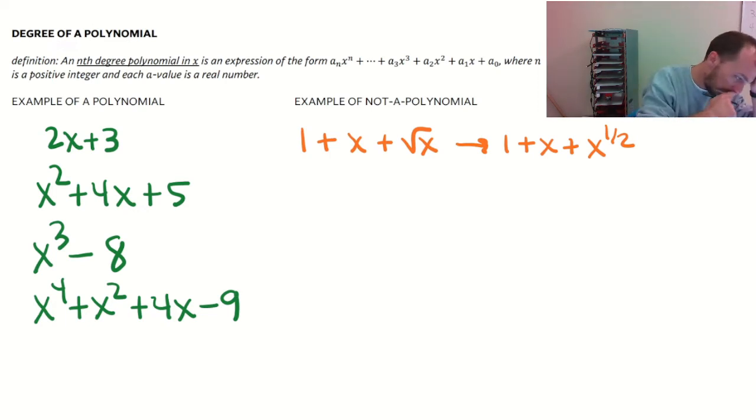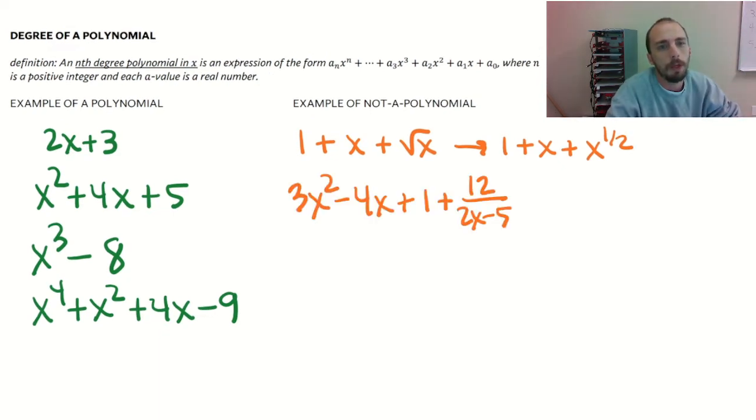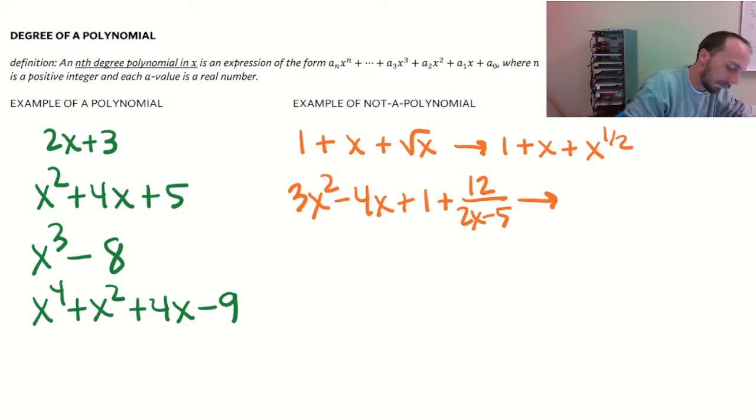Okay, another example of something that we've seen pretty recently is something like 3x squared minus 4x plus 1 plus 12 over 2x minus 5. If you recognize this, that's probably a good sign. Okay, but this is not a polynomial because of that dividing by 2x minus 5.